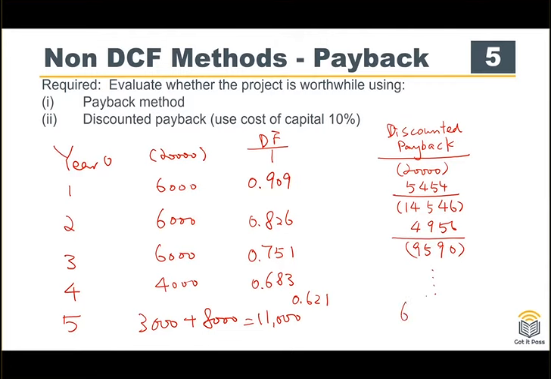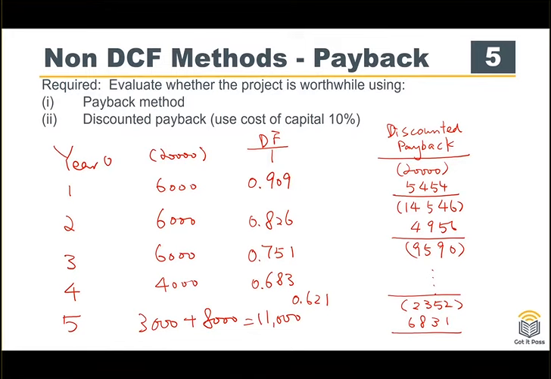For the fourth year, you have 2,352 remaining, but in the fifth year the cash inflow is 6,831.